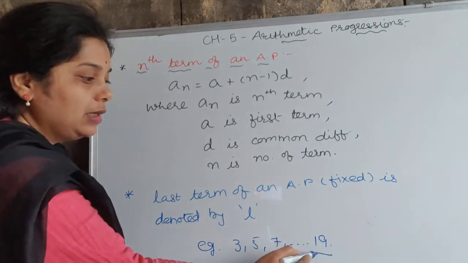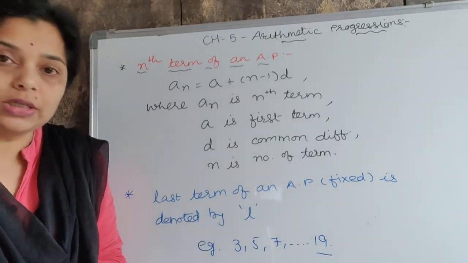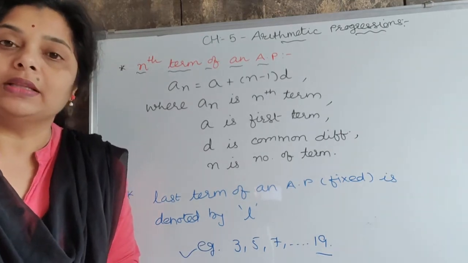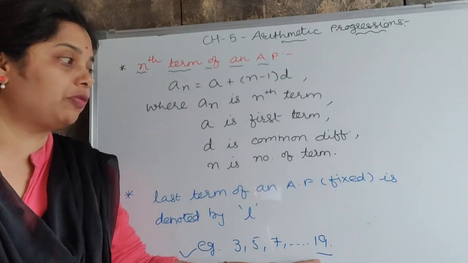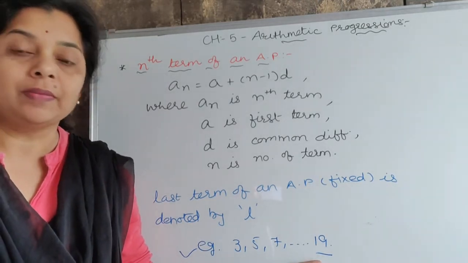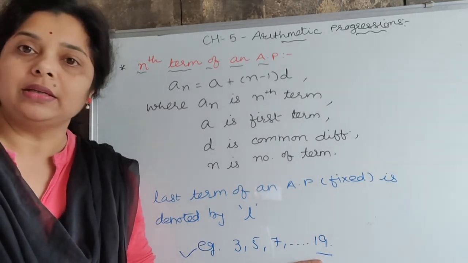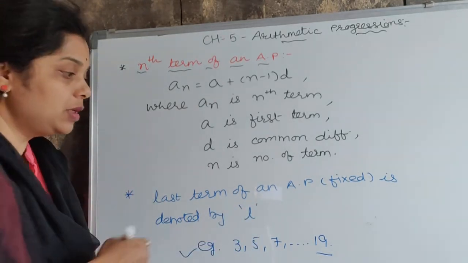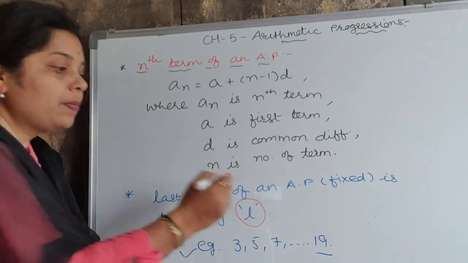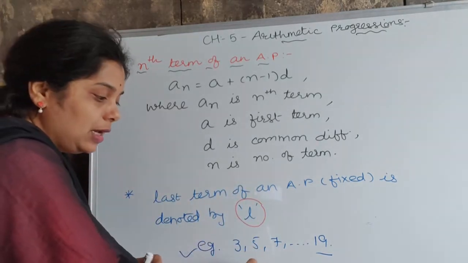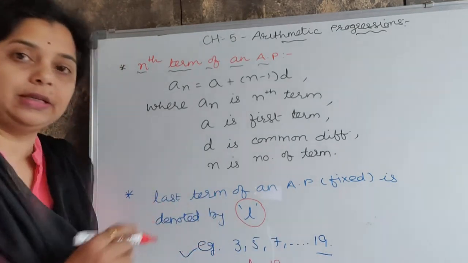Here we can say 19 is the last term. So this sequence is an AP, and this type of AP is a finite or fixed AP. In a finite AP, 19 is the last term, and the last term is denoted by small l. So for this particular AP, we can say l is equal to 19.